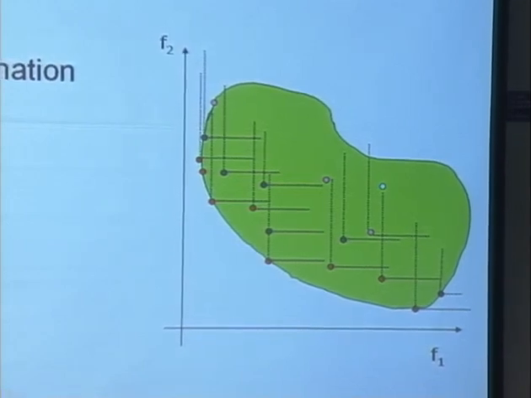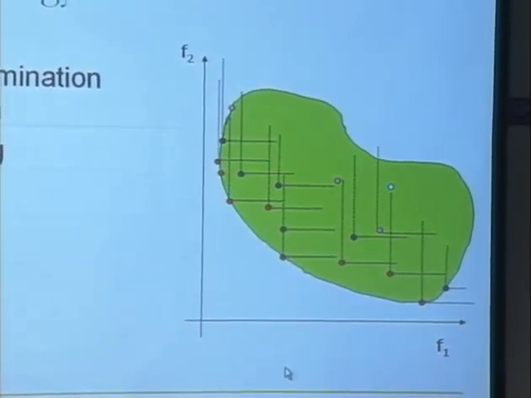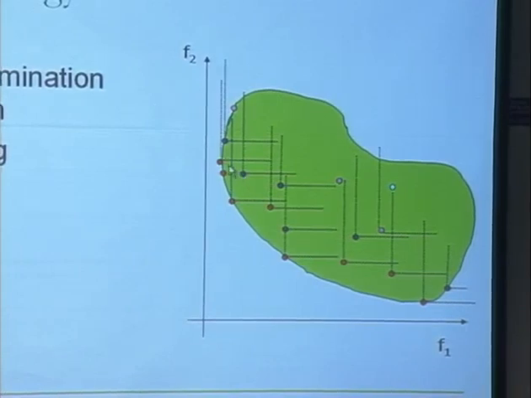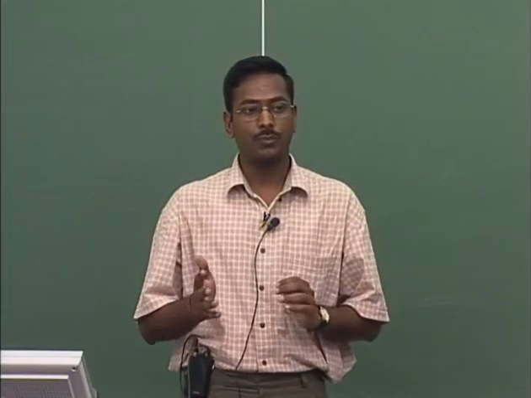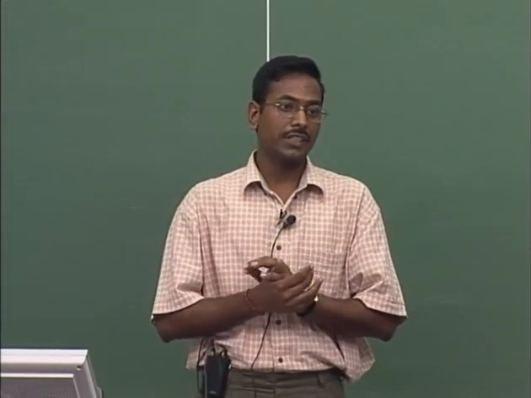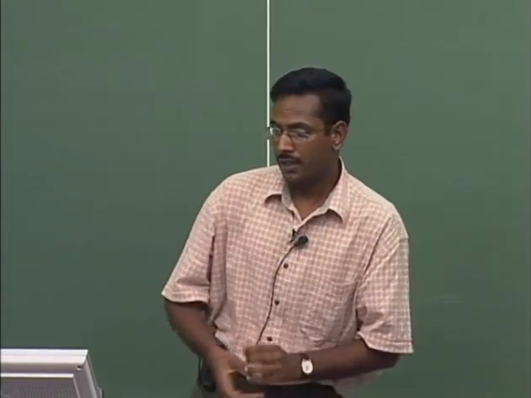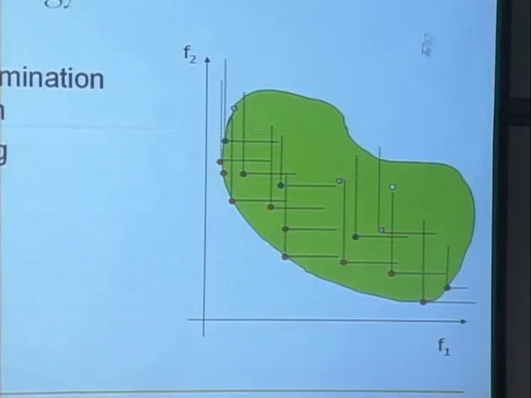However, if I consider all the solutions in this space, my criteria of defining a solution as non-dominated will depend on all the points in the space, or in the set that I am considering. So, the definition will be: if a point is not dominated by any other point in the set, then this point is considered a non-dominated point. For example, if I consider this blue solution and compare it with this solution, this is non-dominated.